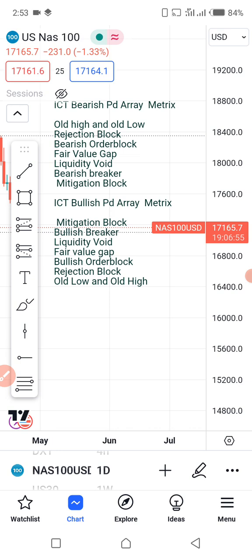In this video we'll be going over the importance of the ICT PD Array Matrix. It is so important that if you remove the ICT PD Array Matrix from it, there will be no ICT. Why? Because ICT emphasizes learning how to read the market.